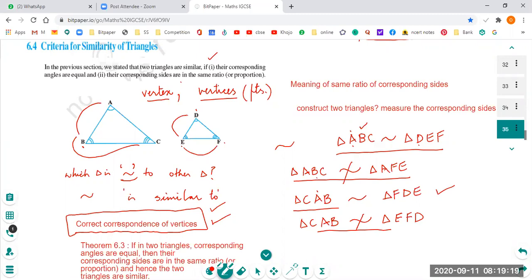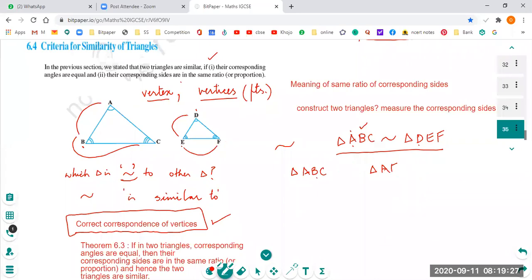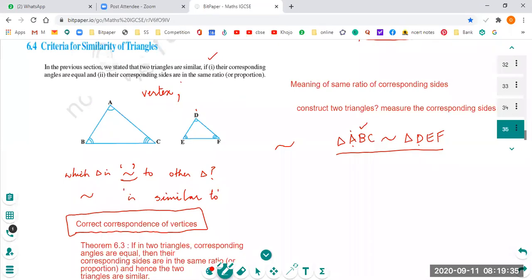Because if we write correct correspondence of vertices, see the advantage we get. I'm going to tell you what the advantage is. So students, let's say I write correctly that triangle ABC corresponds to triangle DEF.